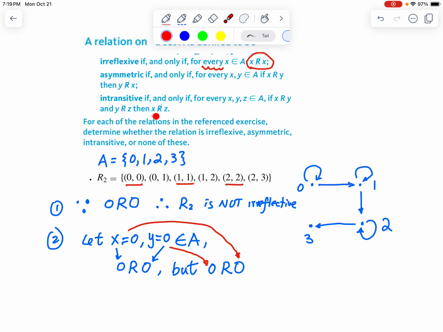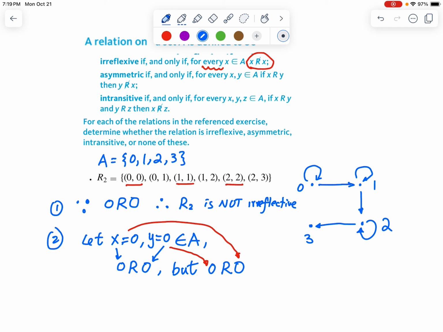So I already found one special case here, where the first zero is related to the second zero, but the second zero is also related to the first zero. So therefore, this property is not true. We already found a counterexample, and obviously, you can use 1 and 1, 2 and 2. They both show that this asymmetric property is not true.